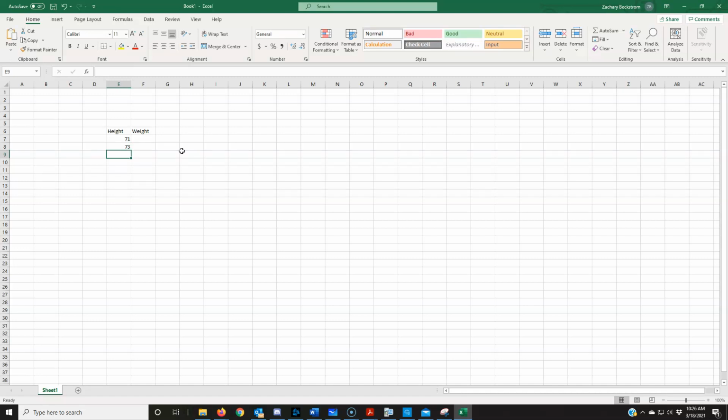We had 68 inches, another 68 inches, a 70 inches, a 65 inches, a 73 inches, a 68 inches, a 70 inches, a 67 inches. Let's see, 1, 2, 3, 4, 5, 6, 7, 8, 9, and 10.